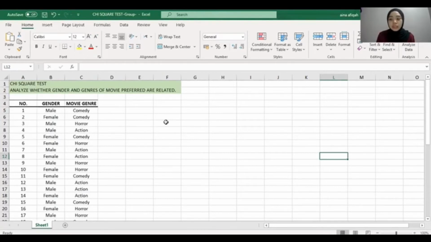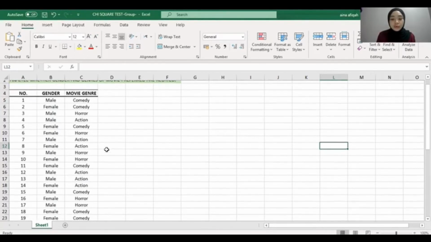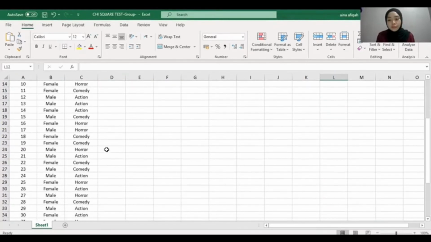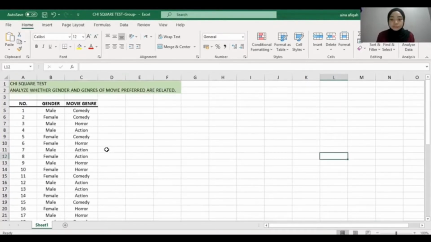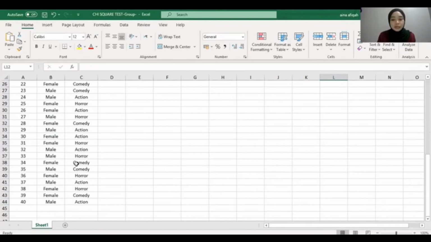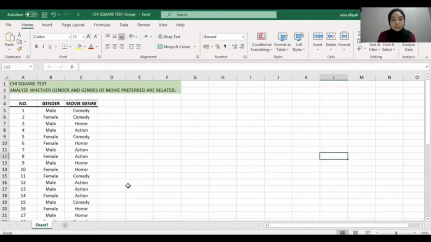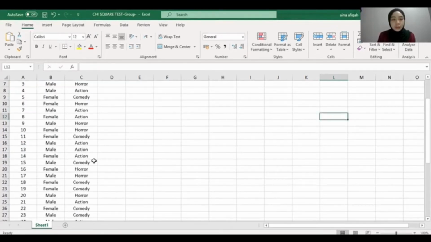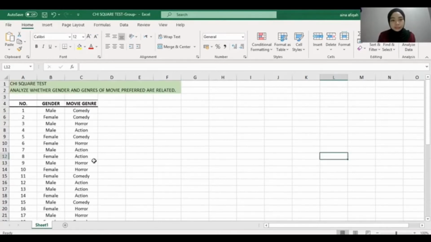Assuming that only 3 genres of movie were being offered at that time, basically comedy, horror, and action. We recorded this data for 40 customers. As you can see here, these are our observed data.